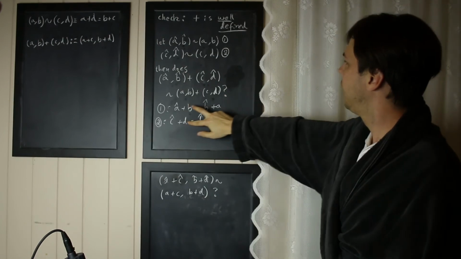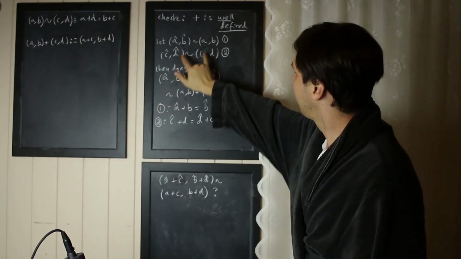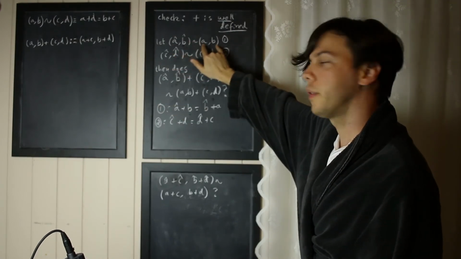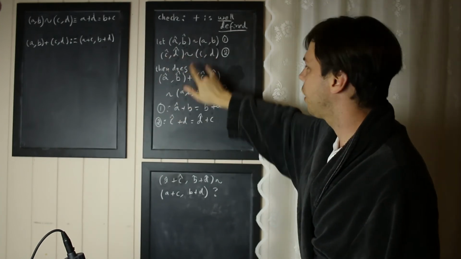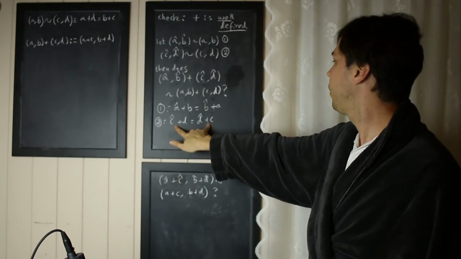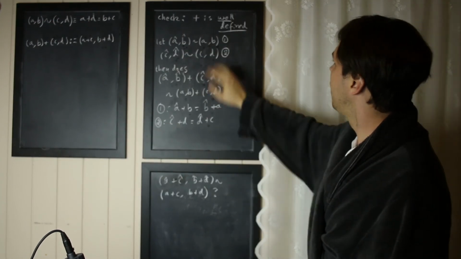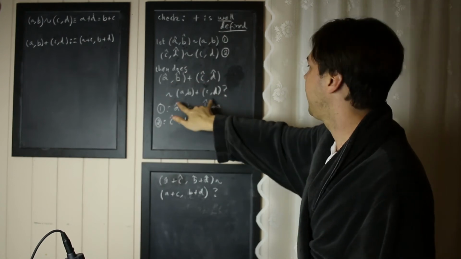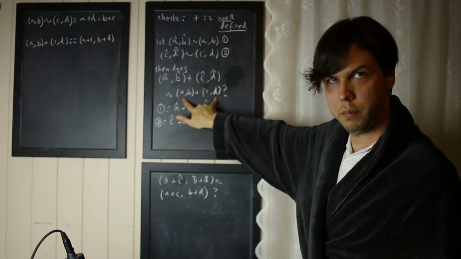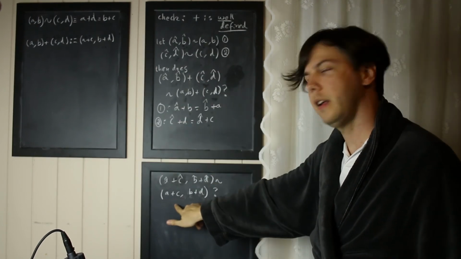We have that this number relates to its representations, and this number relates to its representations. Then we need to test that when we add these representations together, we still get the same number. So this is the condition that we want to test.